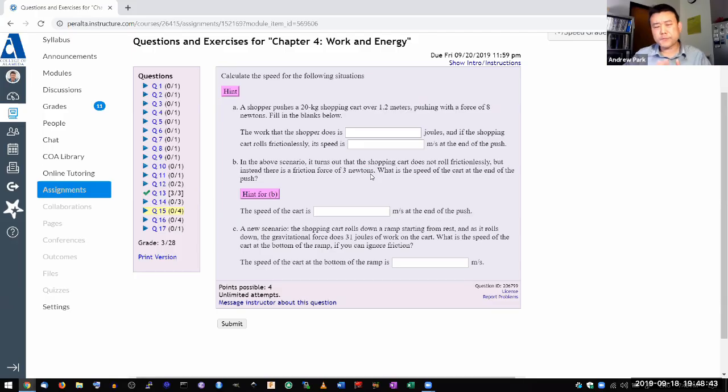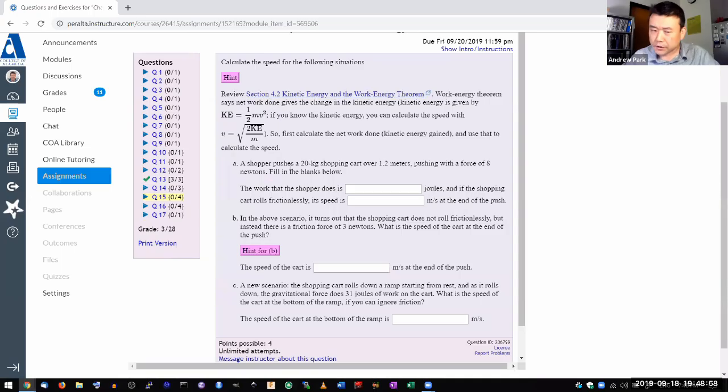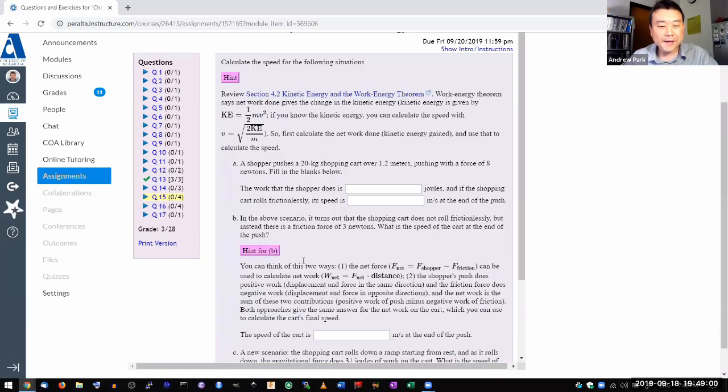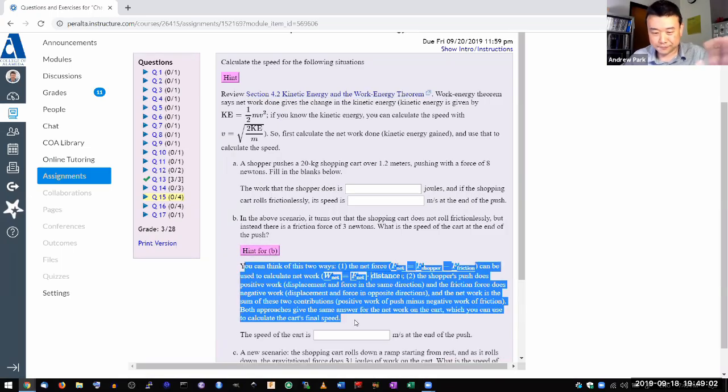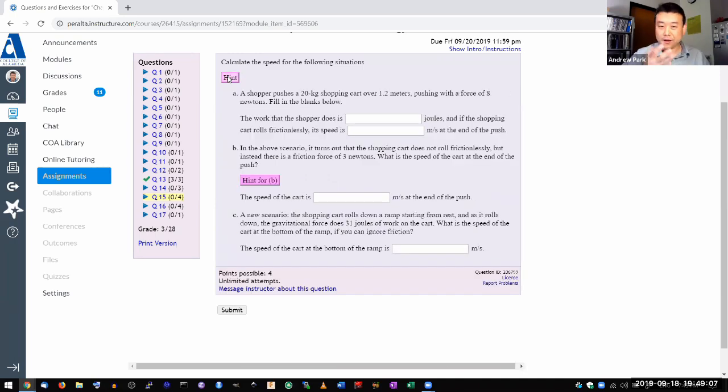Let me go over it, because I think the type of calculation you go through here is different enough from question 13. So as usual, these hints are meant to be helpful. So I do strongly encourage that you take a look at it, and you can read it as you're going through it. And let me also do this in the video form.